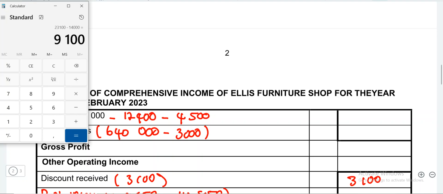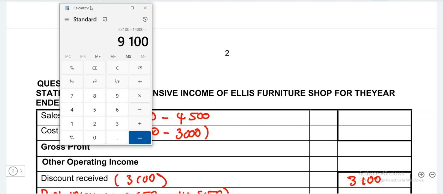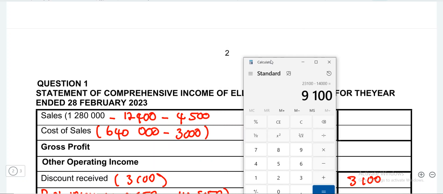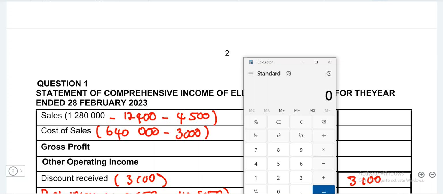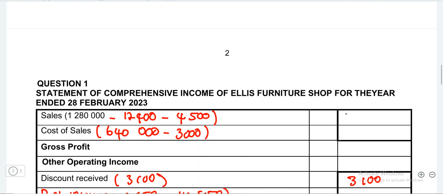So I'm going to bring my calculator somewhere in the middle so that I can calculate and write at the same time. Okay, so let's see, 1,280,000 minus 12,400 and then subtract 4,500. It is giving us 1,263,100.